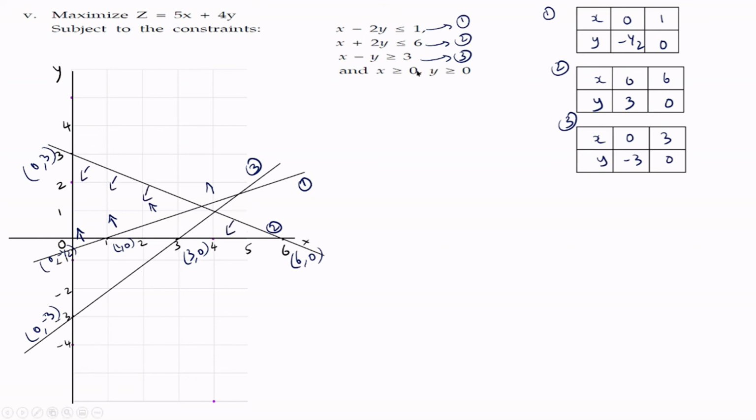So the region corresponding to the second inequality is this part. And then we have the third inequality. If we take the origin (0, 0), when x is 0, y is 0, 0 is not greater than 3, 0 is less than 3. So the region corresponding to x minus y greater than or equal to 3 is this part.